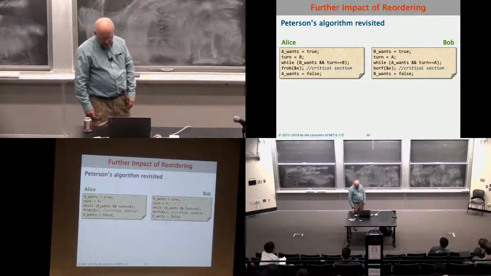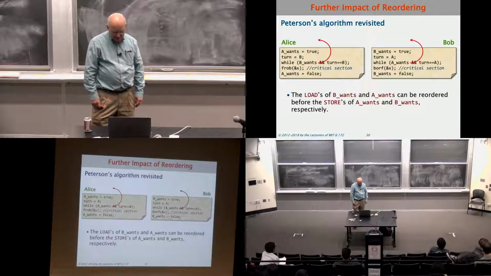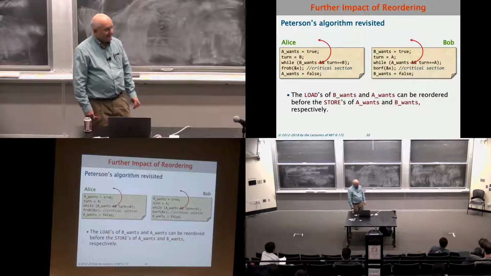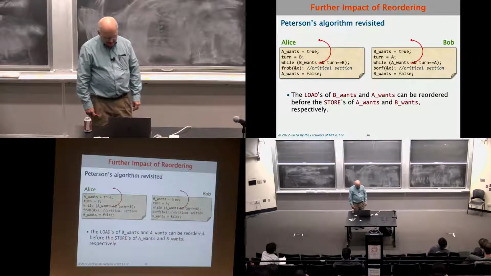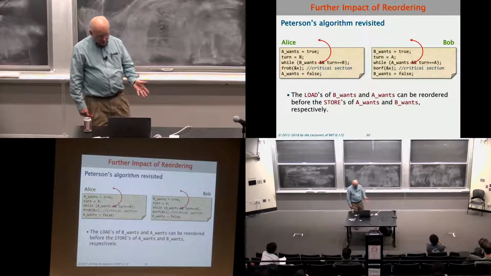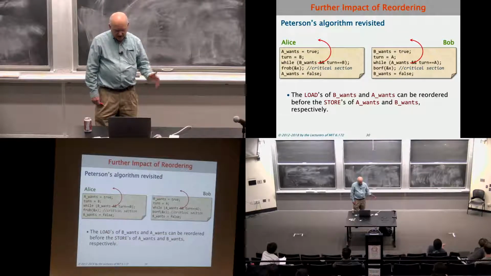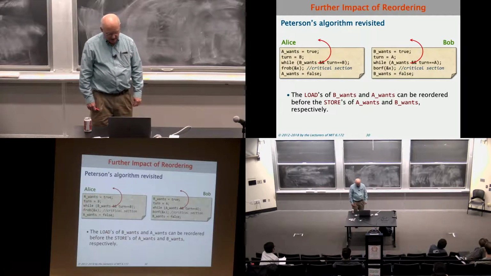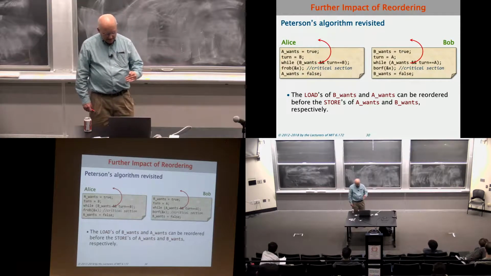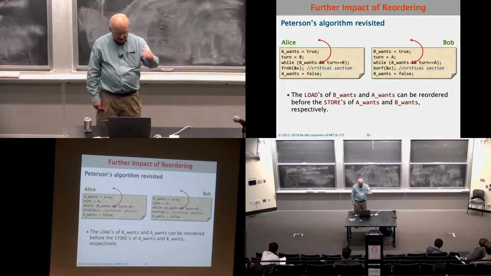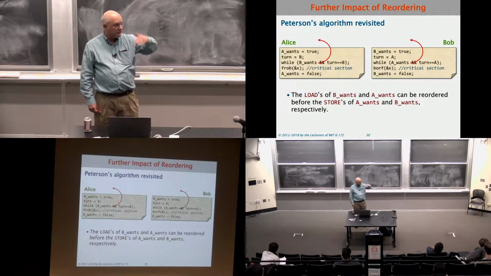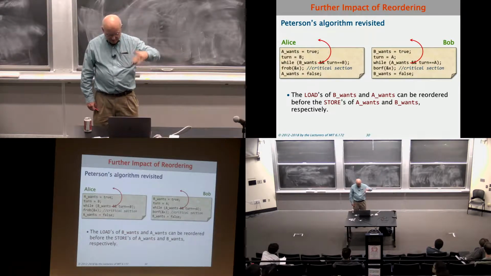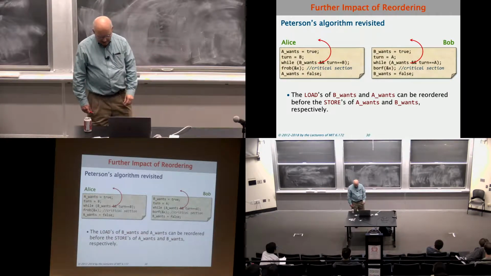Yeah, if Alice loads B wants too early, and if they both do, then they could be reordered before the store of A wants and B wants. Because that's a load, and Alice isn't touching B wants, so why can't it just move it earlier? Those are not the same locations. So suppose it reorders those. Now what happens?